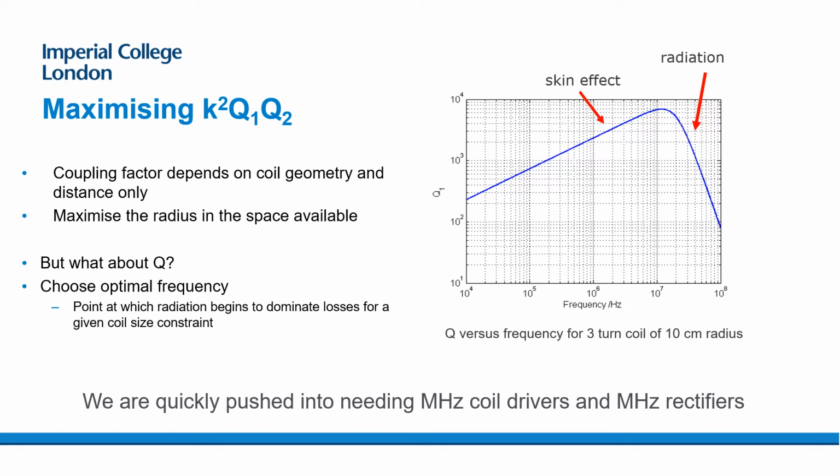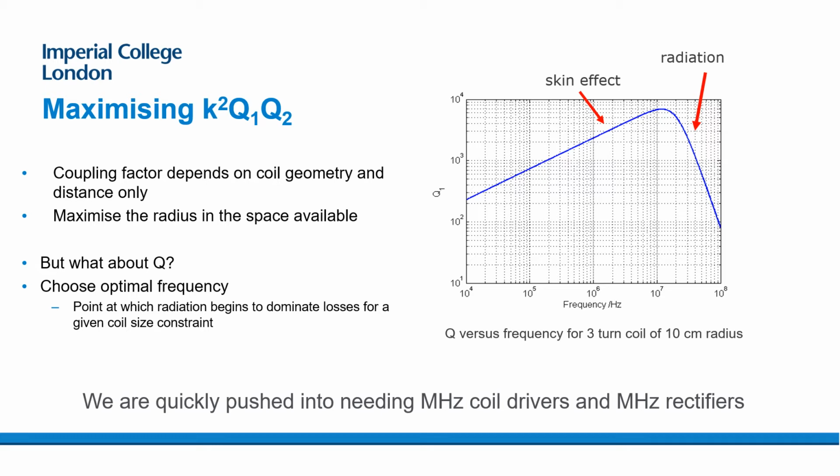One of the reasons, as I mentioned, that I might be interested in a high frequency IPT system in the first place is that I might be able to achieve higher Q factor coils than I can at low frequency. The Q factor of the coil is proportional to omega L. If I increase omega, I will increase the Q factor of the coil.